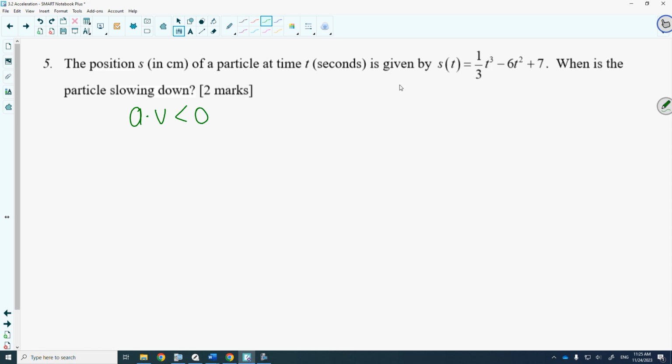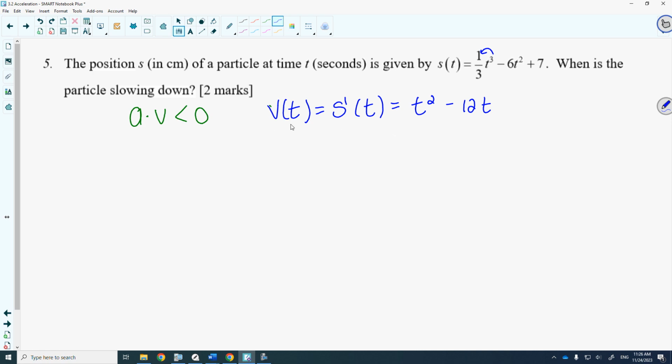So my velocity function, v of t, is going to be the first derivative of the position function. So the first derivative of the position function would give me 3 over 3, so that would give me t squared minus 12t. We need to figure out the signs, right? So I want to know a and v.